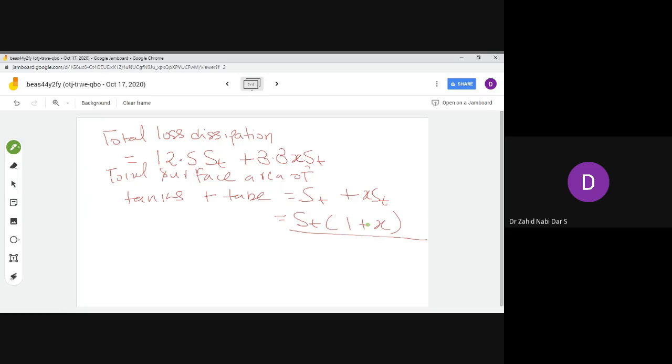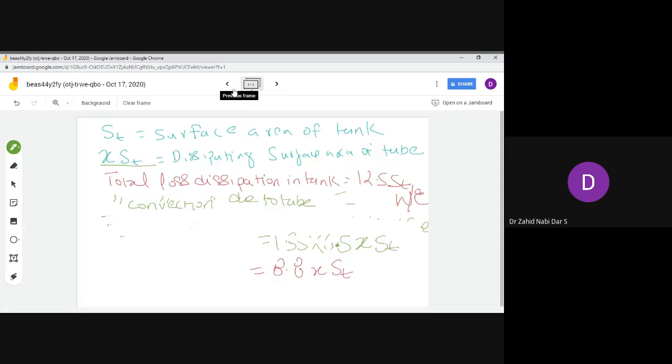And now the total loss dissipation in the surface area of the tank and cooling tubes. The surface area also we saw. So the total loss dissipation which we will get would be 8.8 xst plus this 12.5 st.